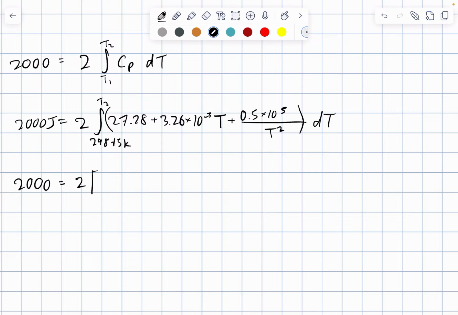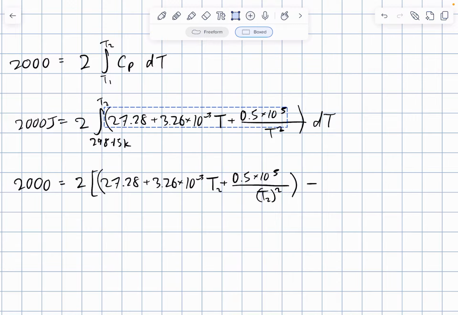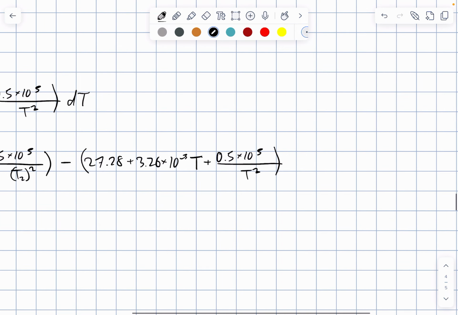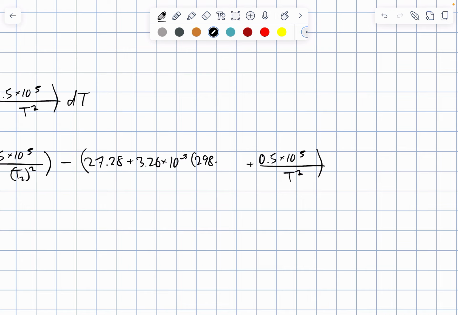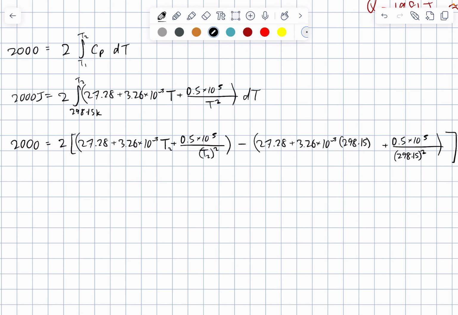In the sense that this is what it looks like: T2, T2 minus, so repeat, such that you replace T with 298.15. That's basically T2 minus T1.